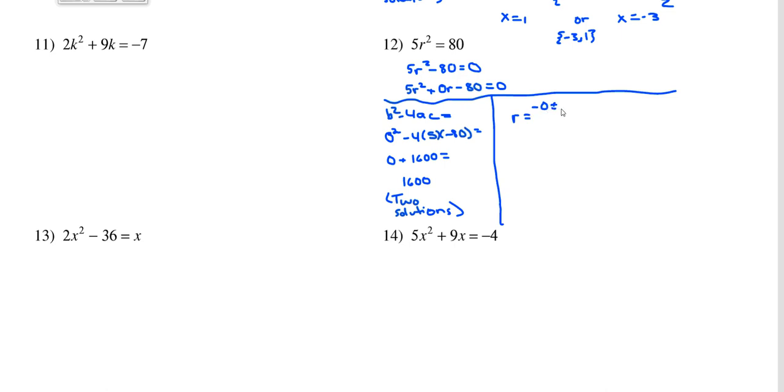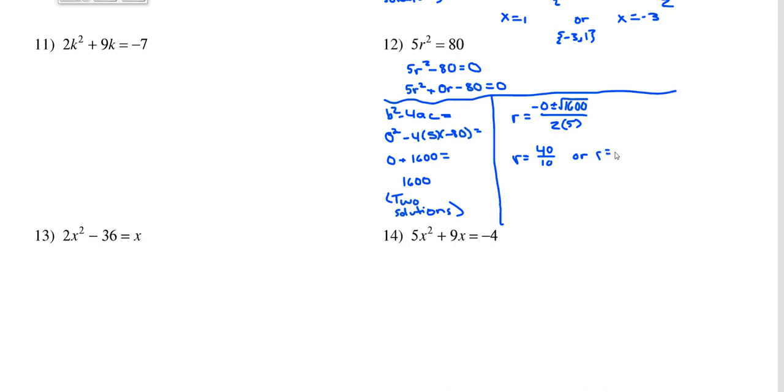Well, negative 0 is equivalent to 0, so 0 plus the square root of 1600 is 40, or 0 minus the square root of 1600. So we end up with positive 40 divided by 10, or negative 40 divided by 10. 40 divided by 10 is 4, or negative 40 divided by 10 is negative 4. So those are the two solutions for this one.